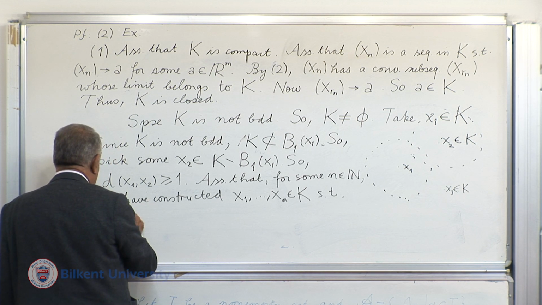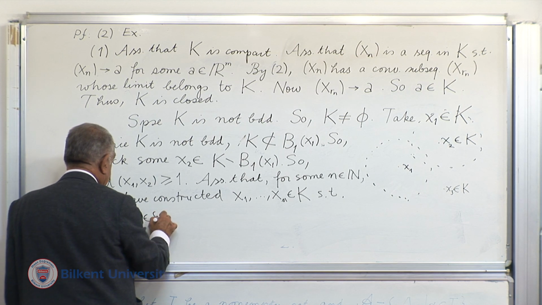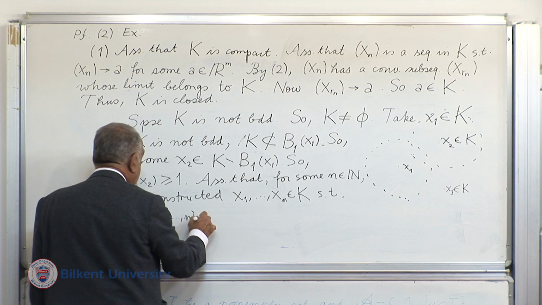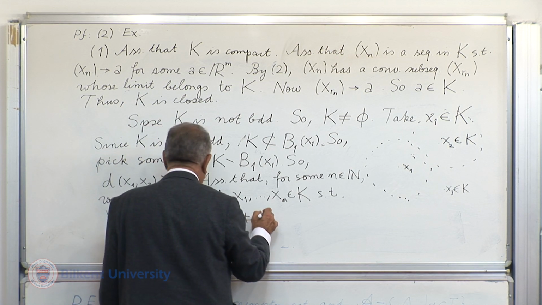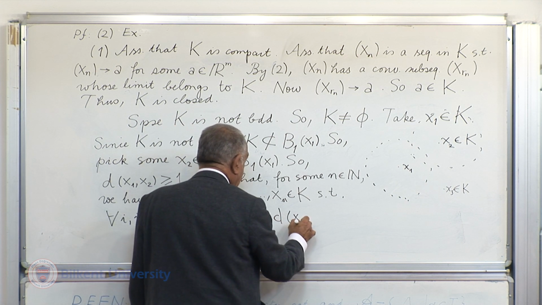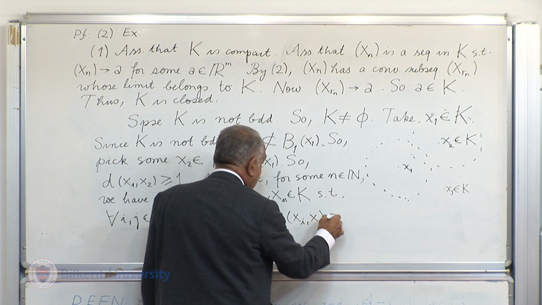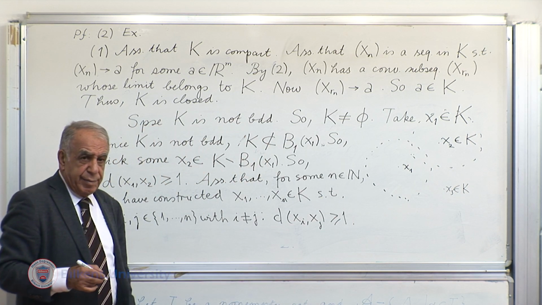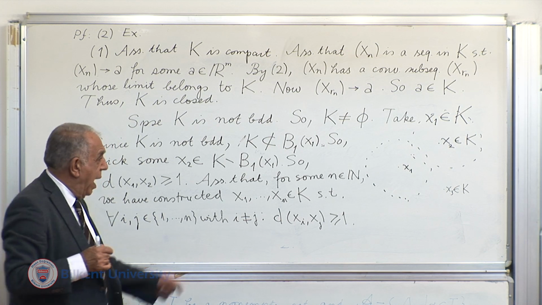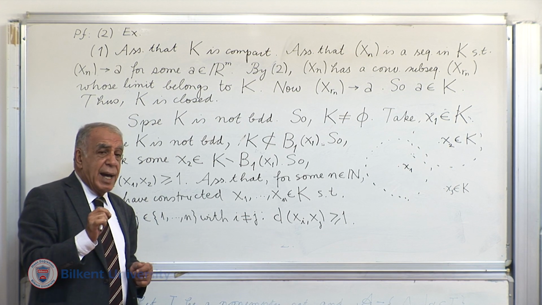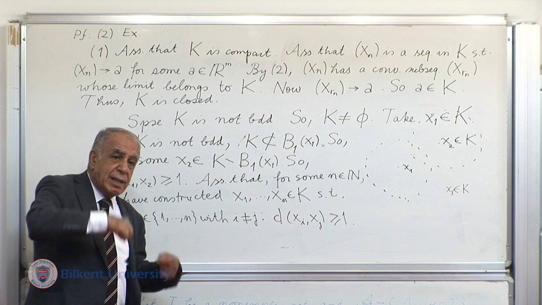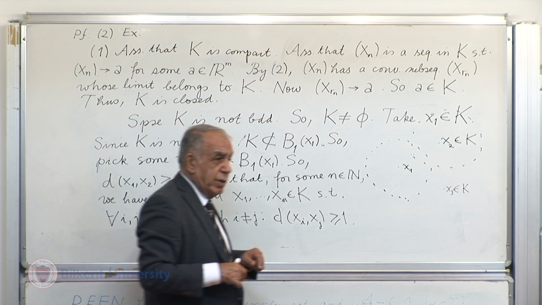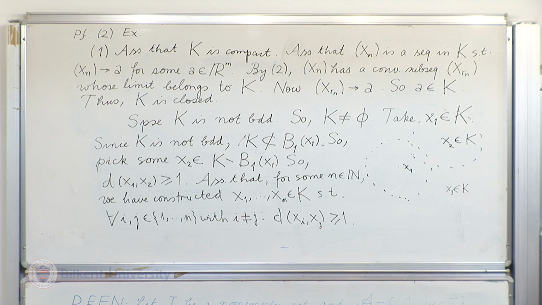Such that for all i, j in 1 to n, with i different than j, we have d(xi, xj) larger than or equal to 1. The question now is, under this assumption, can I add one more, xn plus 1, from K, such that its distance to all the points already chosen is again larger than or equal to 1.